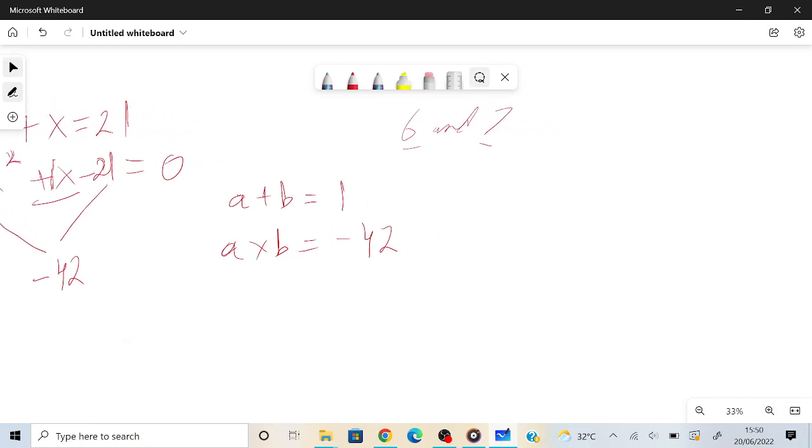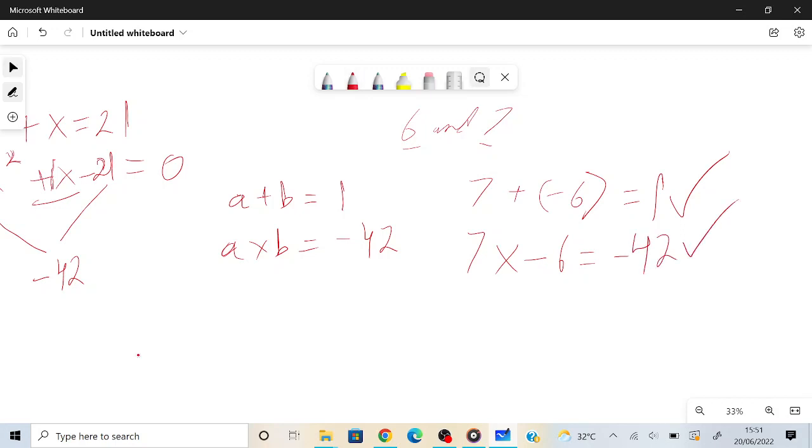So in order to get a difference of 1, we could do 7 plus minus 6. 7 minus 6 gives 1, so this does satisfy the first one. Then 7 times minus 6 gives me minus 42, so this also satisfies the second one. So we have our two numbers, 7 and minus 6.